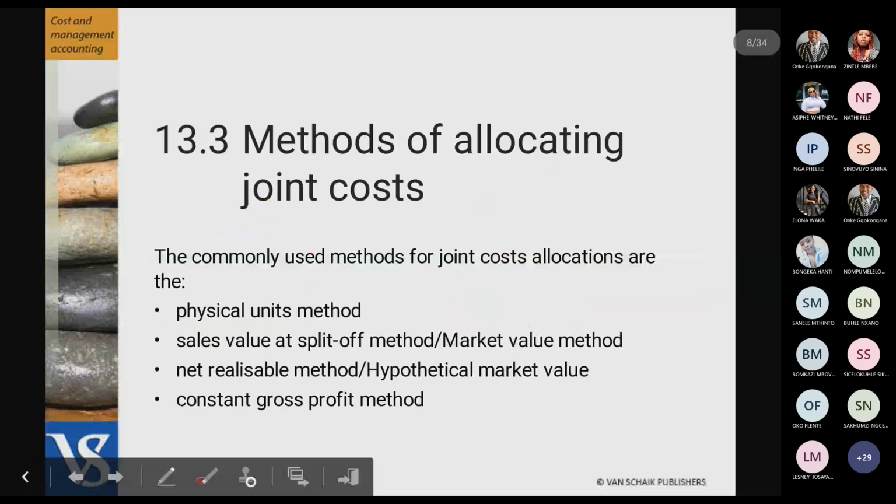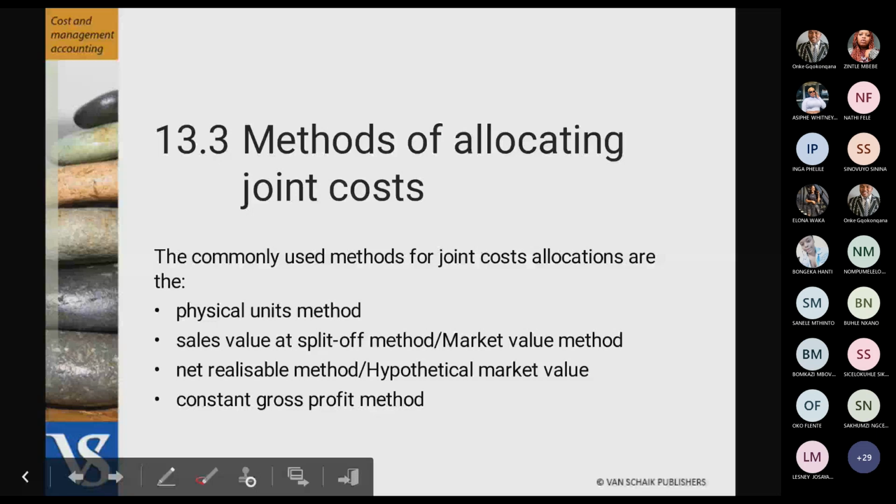So firstly, guys, we are going to look at the methods that we'll use to allocate the joint cost to each joint product. And please correct me when I'm saying that: the methods used to allocate joint cost to each joint product only, without the byproduct.